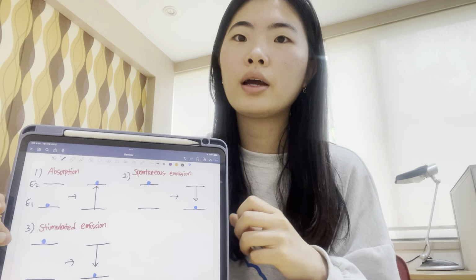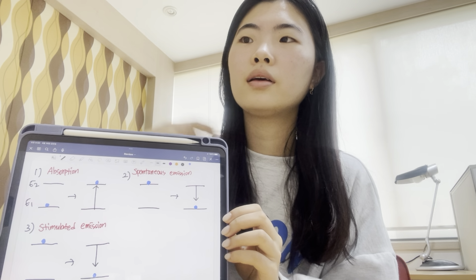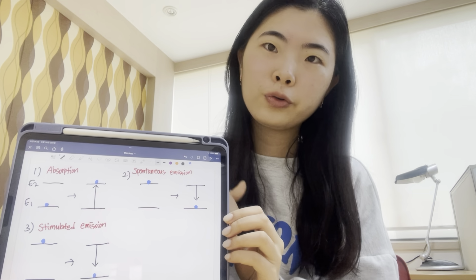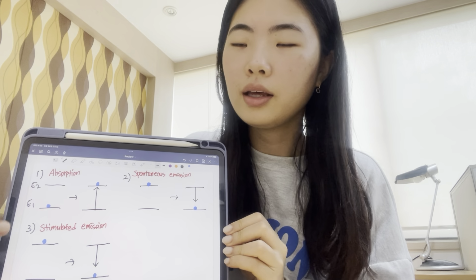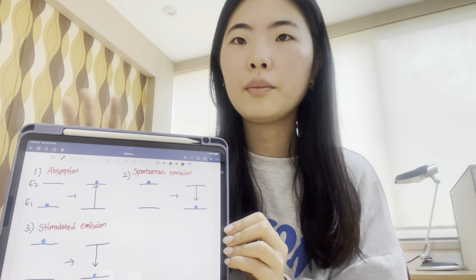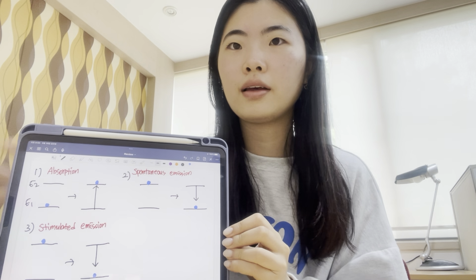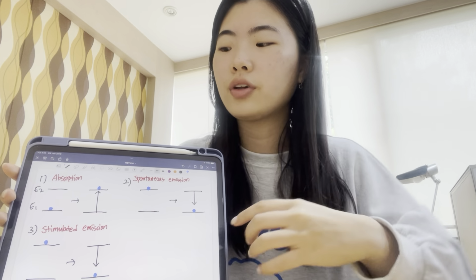After losing its energy, it goes down to the lower energy level. So stimulated emission means those things because of external energy.